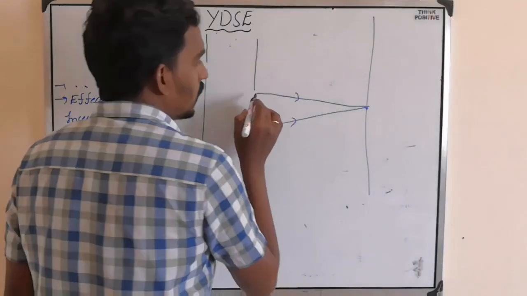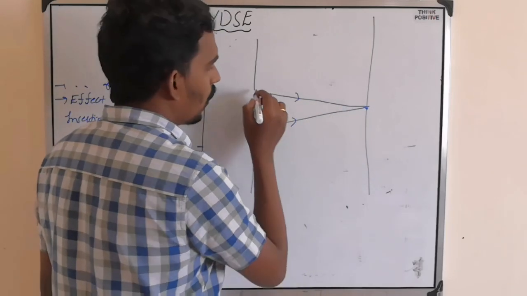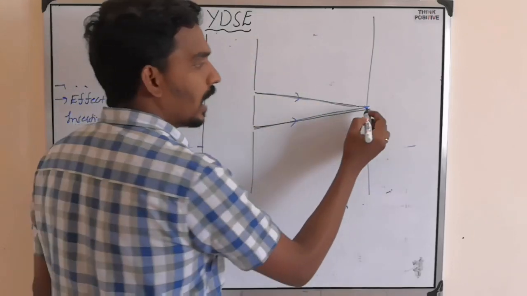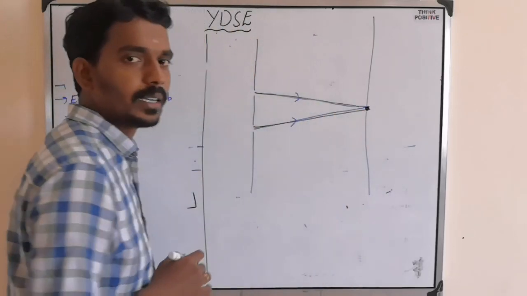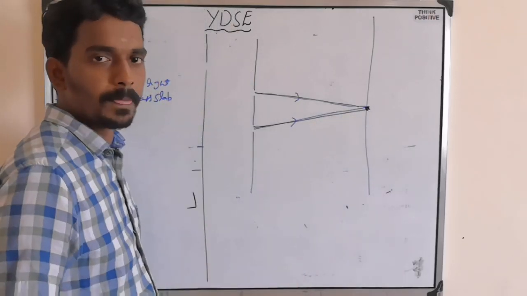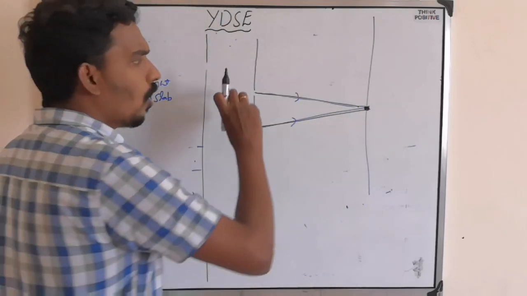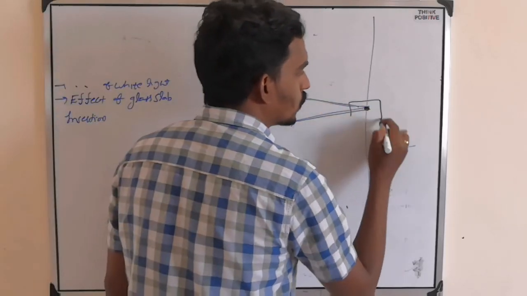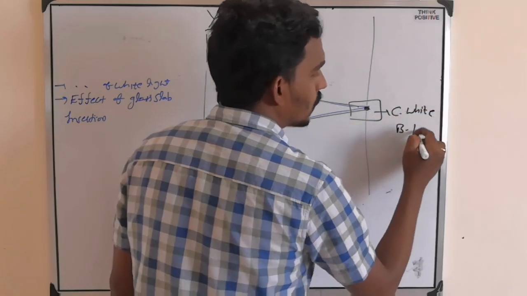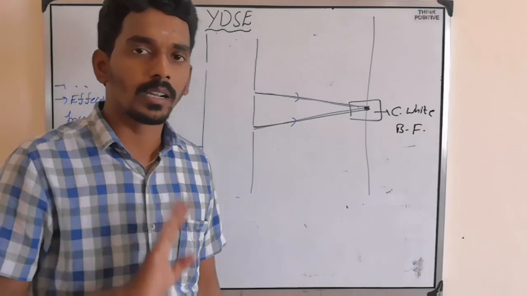Red will come, yellow will come, green will come, all from here and from here. But all the colors have zero path difference at the center. Zero path difference means zero phase difference. So here, constructive superposition. All colors mix with each other, so the central white bright fringe will come. Central white bright fringe, no color will appear.